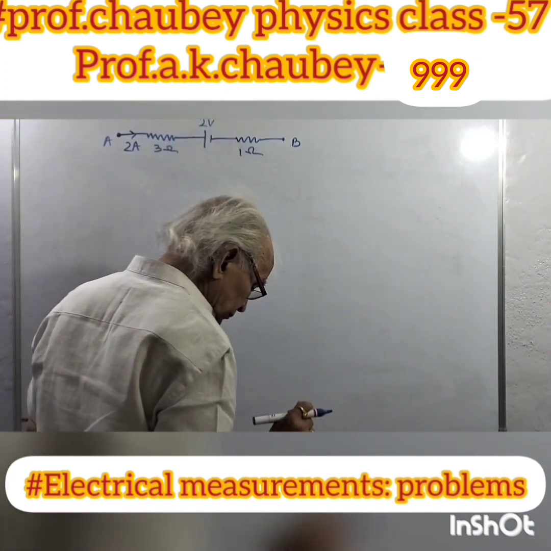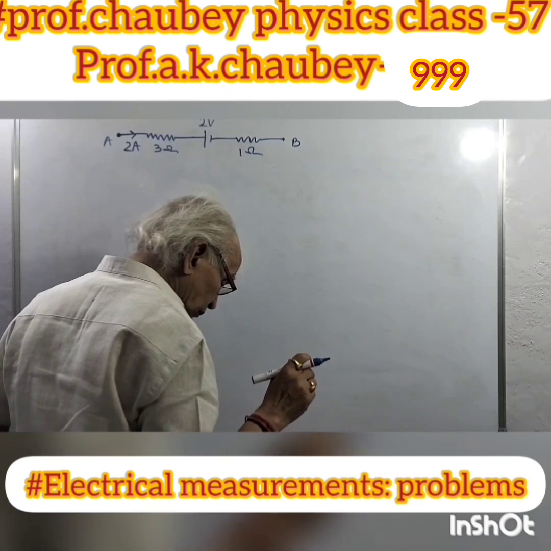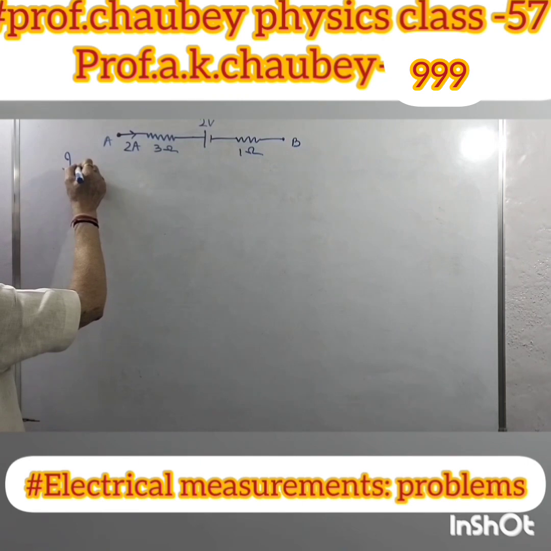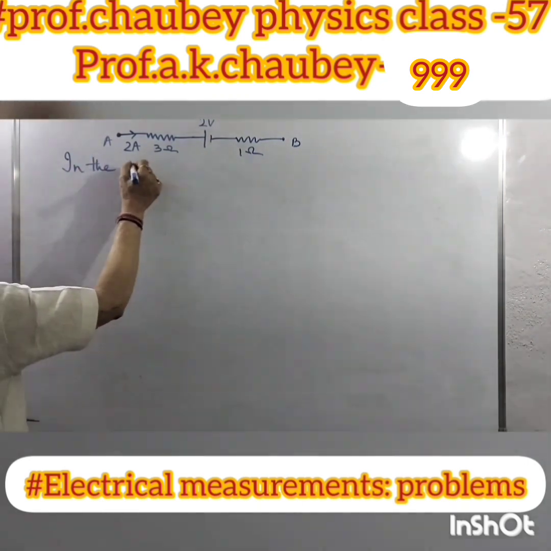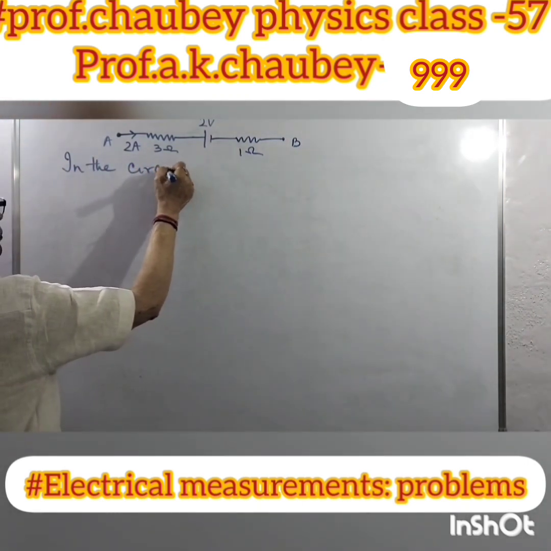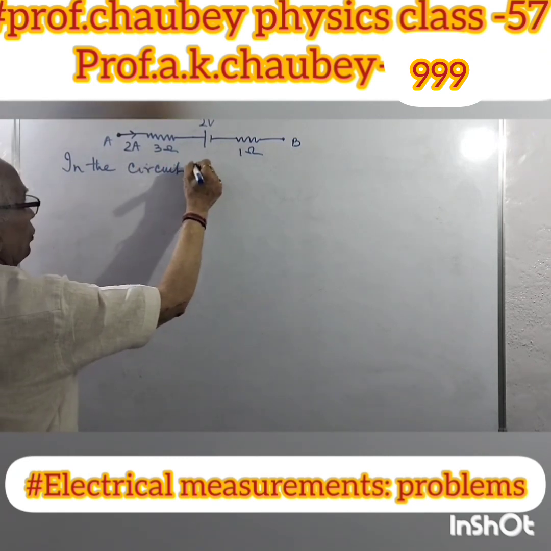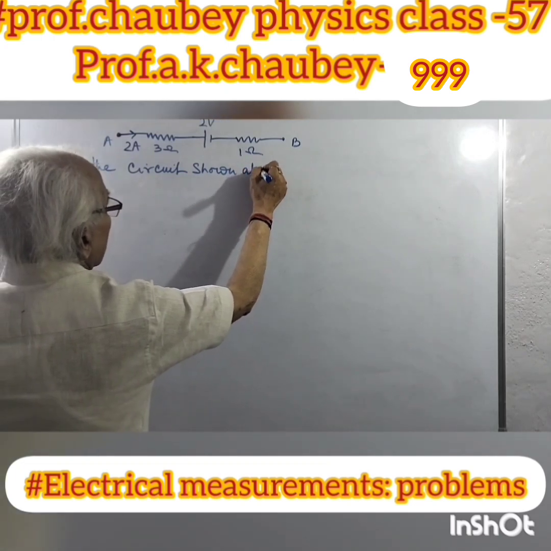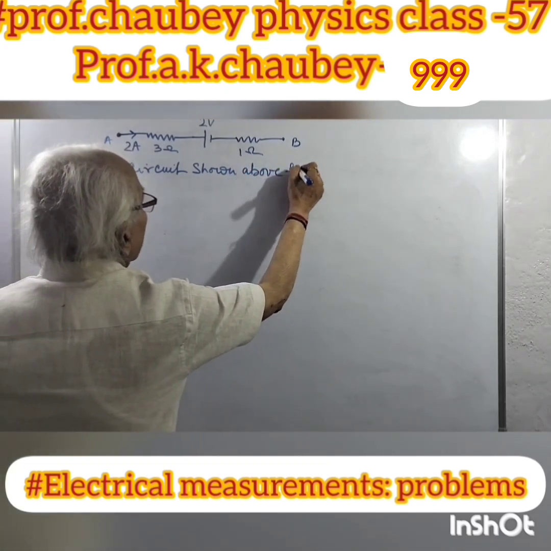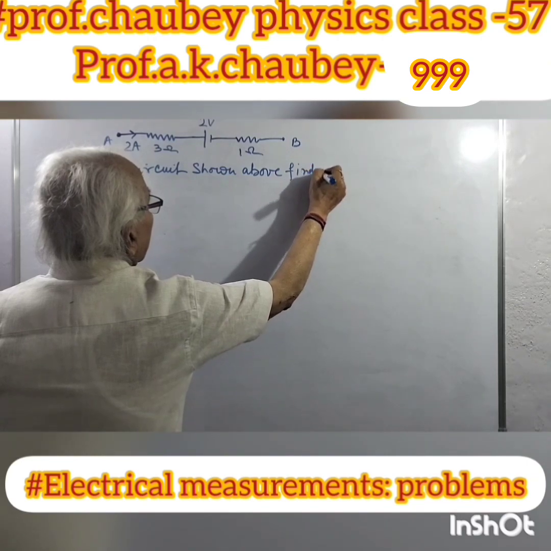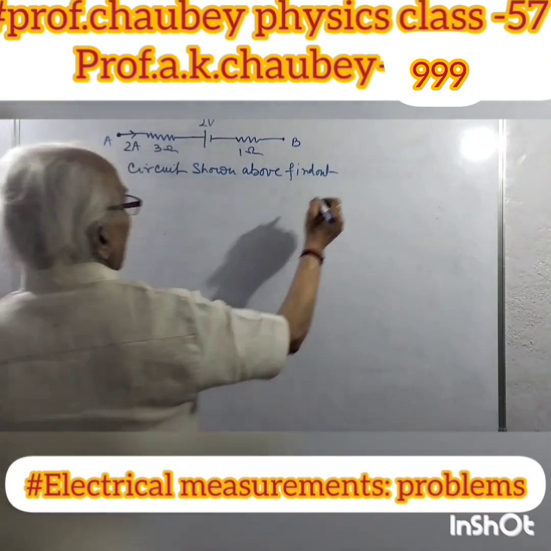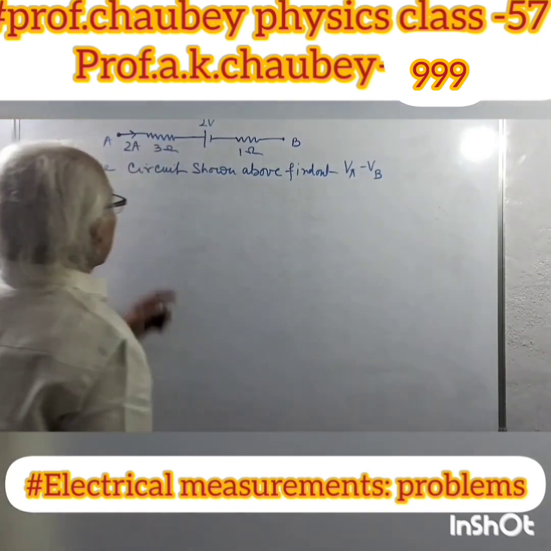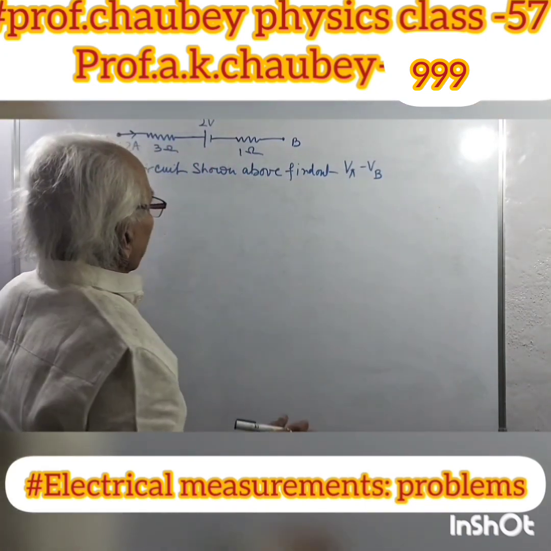This is a 2 volt battery. The problem is, in the circuit shown above, find out VA minus VB, the potential difference between A and B. What is the potential difference?